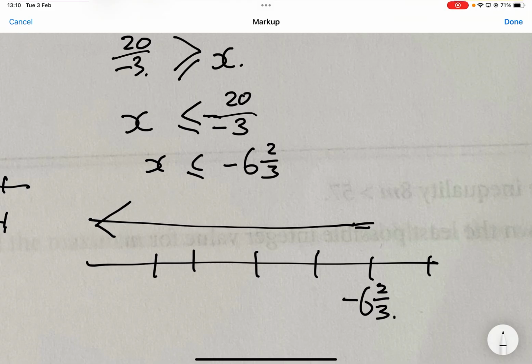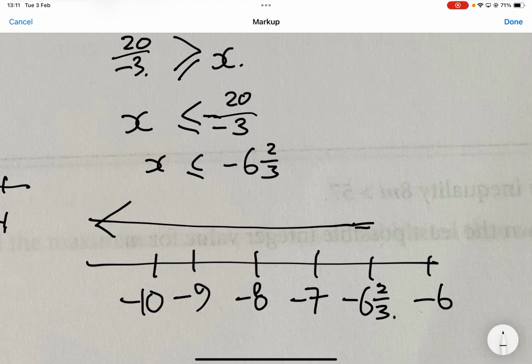Then I put in a few numbers, bigger and smaller. A bigger number than negative 6 and 2/3 will be negative 6. Smaller one is negative 7. Followed by negative 8, negative 9, negative 10. How? Number line can or not?